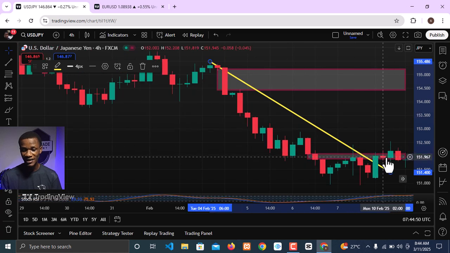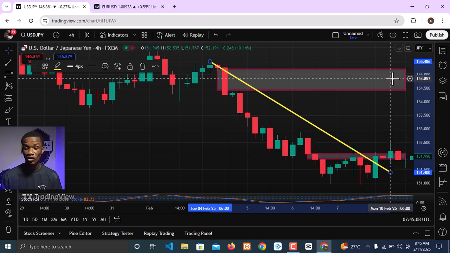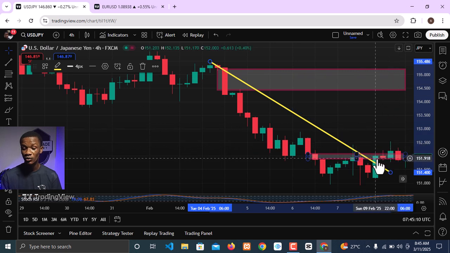If you go right a little bit, you discover that this candle closes above the fair value gap, and this serves as our entry, which is very important because we want to take a counter trend position from here all the way to the upside once a bullish candle closes above this immediate fair value gap after this trend line has been broken.